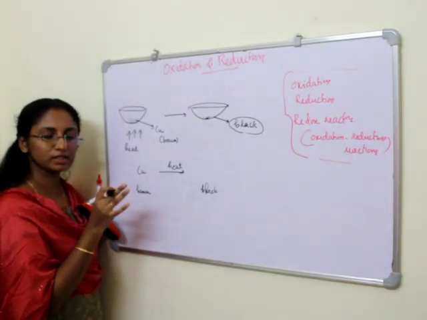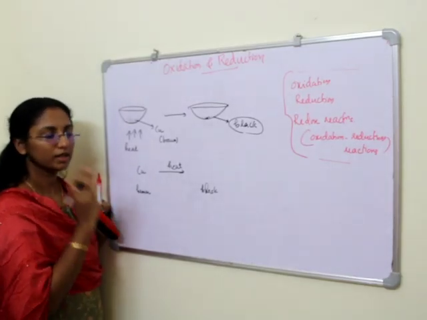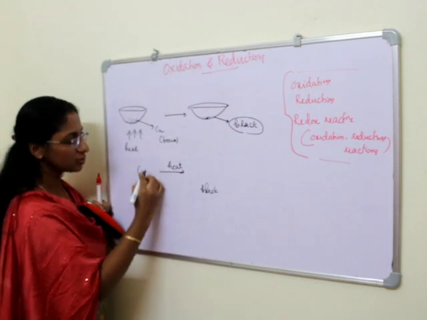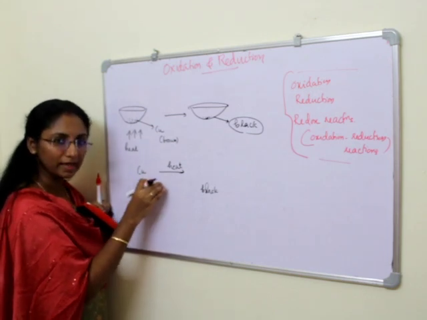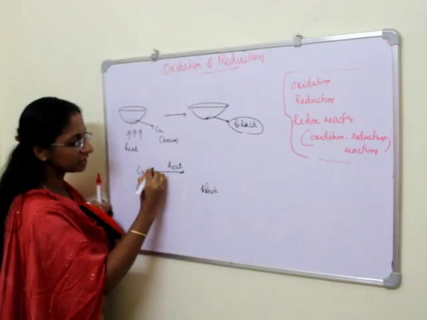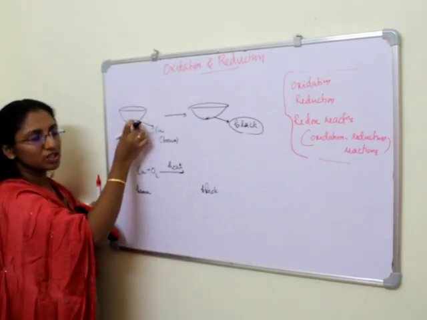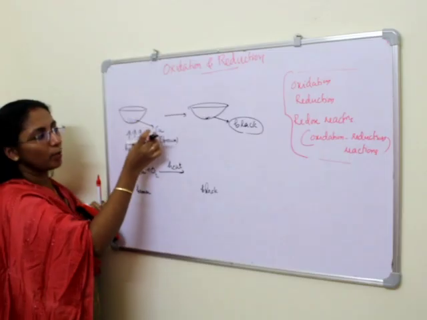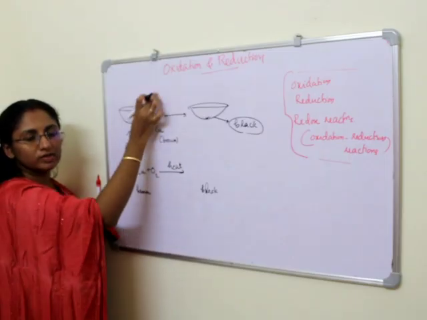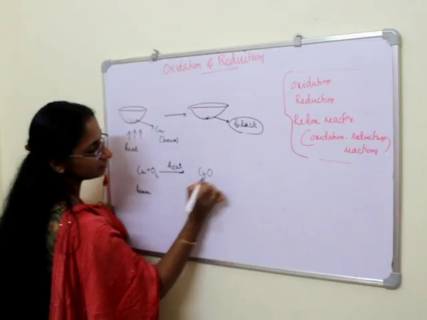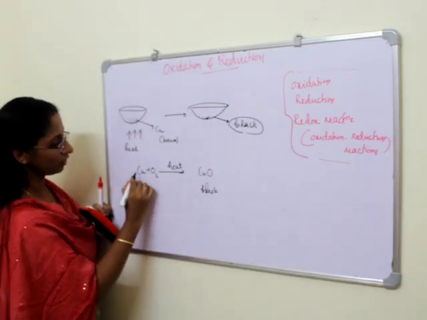That's why the color is changed. So what is happening when we are heating this copper? Actually, when we are heating this copper metal, it is reacting with oxygen from the air, and we are getting copper oxide.